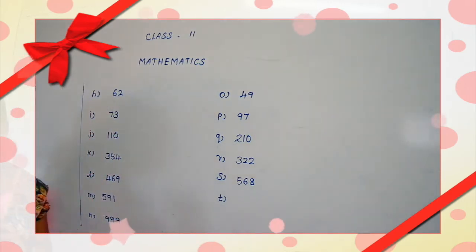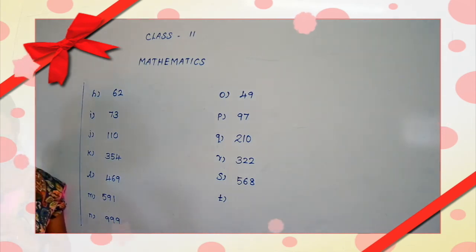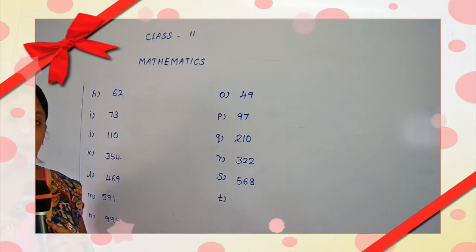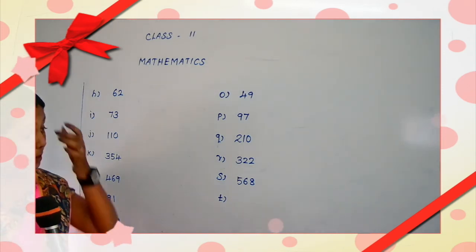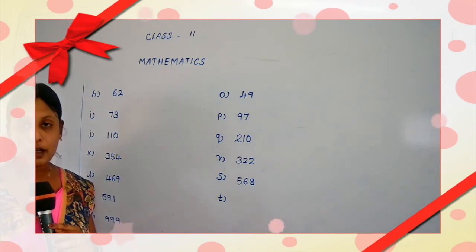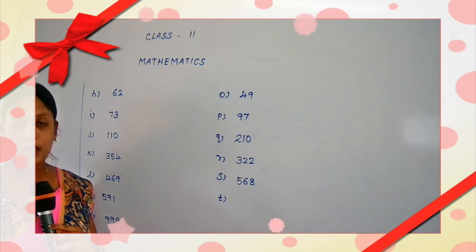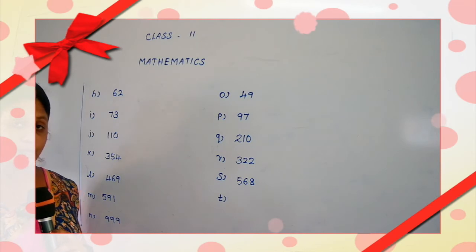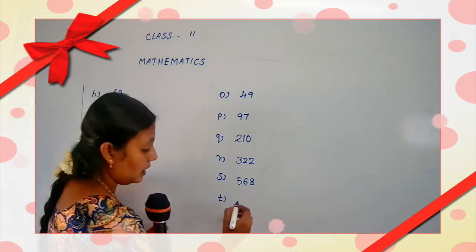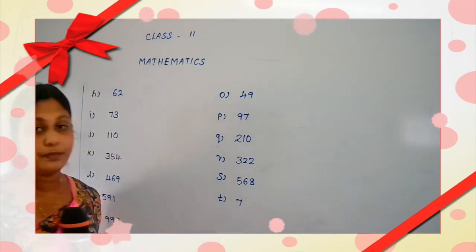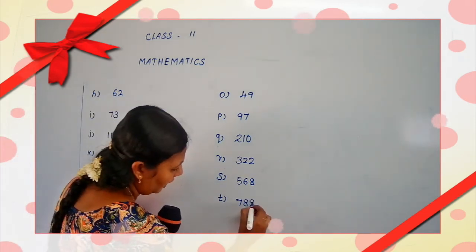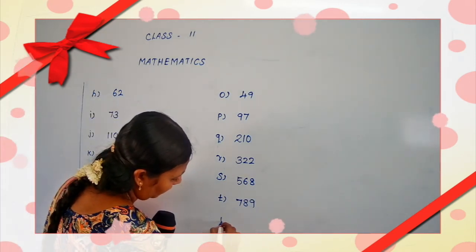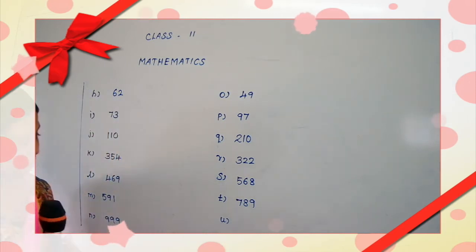Next, see the next question. The number between 788 and 790 is. What will come? 789.